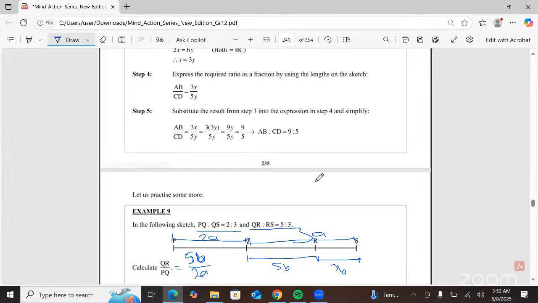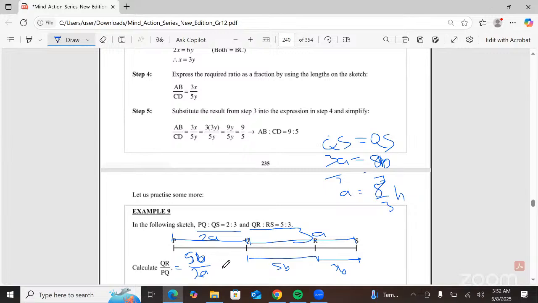We can see that here QS is equal to QS. Why is that the case? Because the first QS is 3A, and the other QS is 5 plus 3, it's 8B. Then you divide by 3, you get A is equal to 8 over 3B.